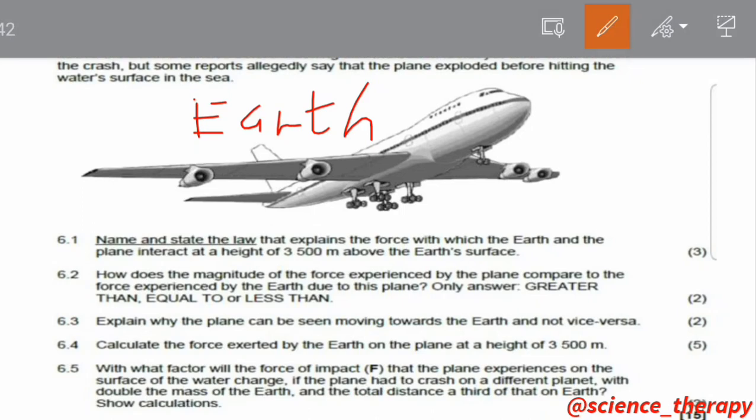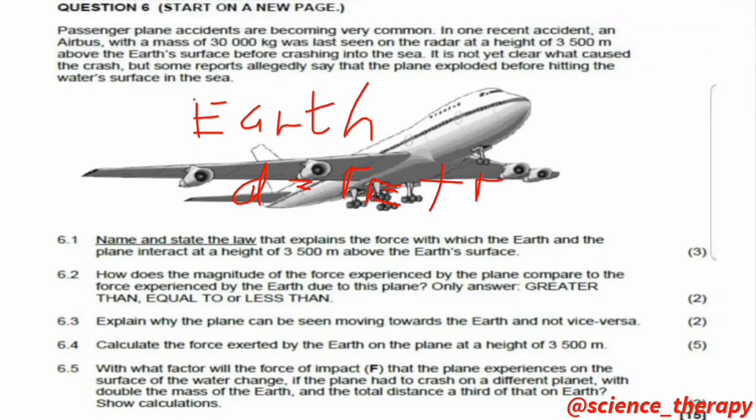This is where our distance is the radius of the Earth plus the distance between the surface of the Earth and that particular object. The plane is above the Earth, so we have to take the distance that we are given, 3,500, and add it to the radius of the Earth, right? So now let's go.